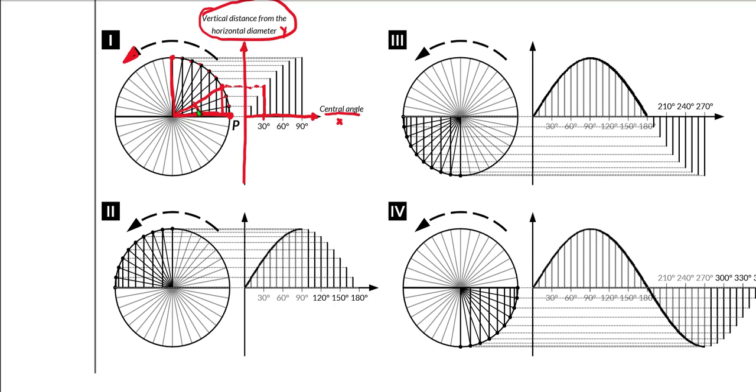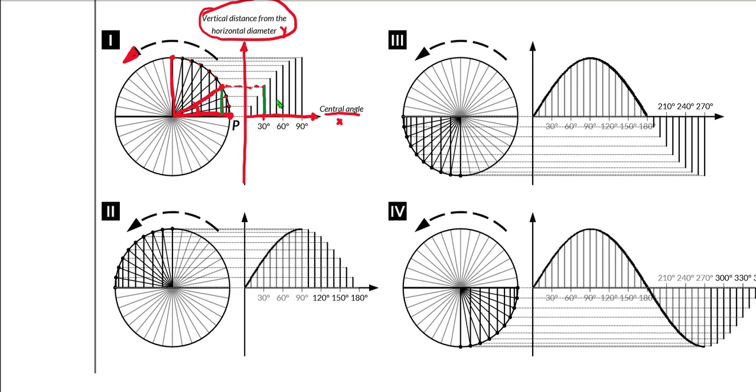So again, we have this central angle in here that is 30 degrees. And when that central angle is 30 degrees, in other words, when the circle has rotated 30 degrees counterclockwise, we have point P being this height here, let me do that in green, this height here above that horizontal diameter, and that height corresponds to this height over here.